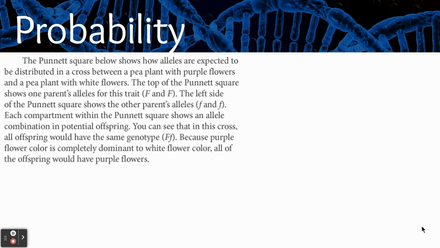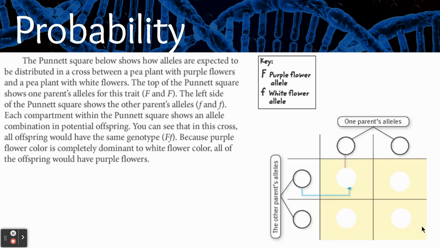So the Punnett square over here on the right-hand side is going to show how alleles are expected to be distributed. So let's say that we have 2 parents, and these are parent plants. The top of the Punnett square shows one parent's alleles for this trait, capital F and capital F. And the left-hand side shows the other parent's alleles.